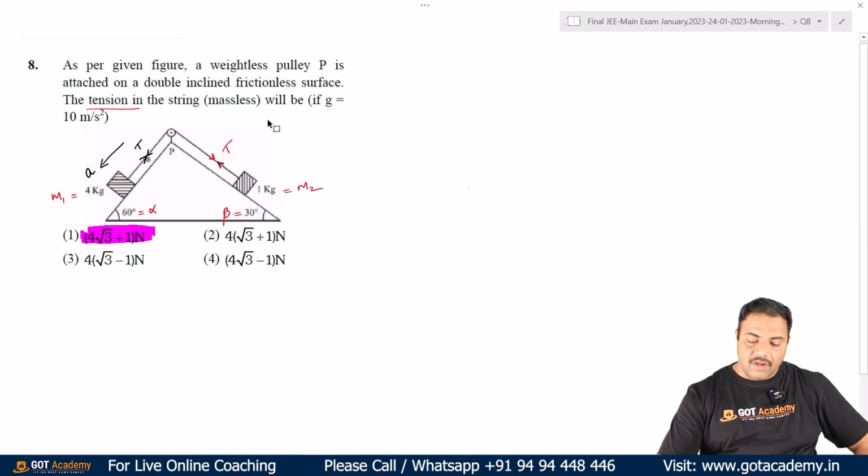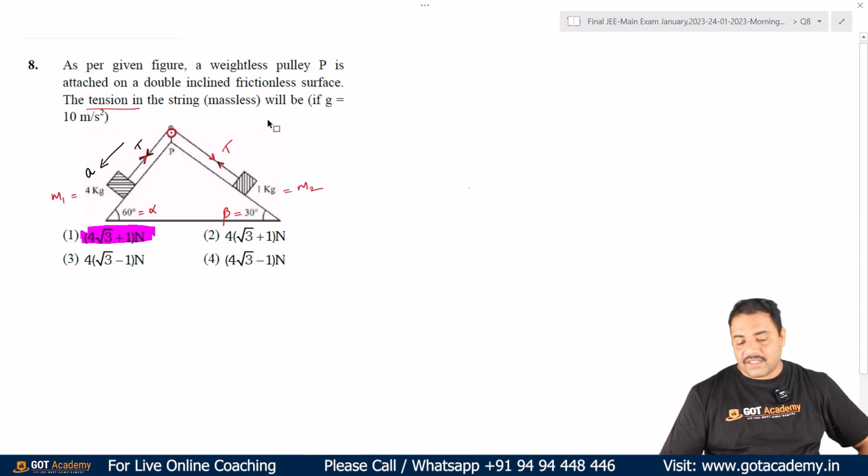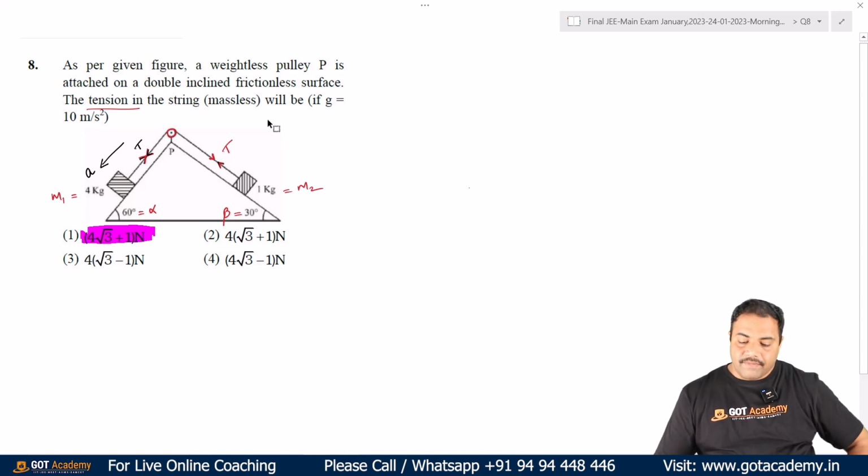One is away from this block of mass 4 kg and the other one is away from the pulley, like this. So two directions. Let me draw its free body diagram.